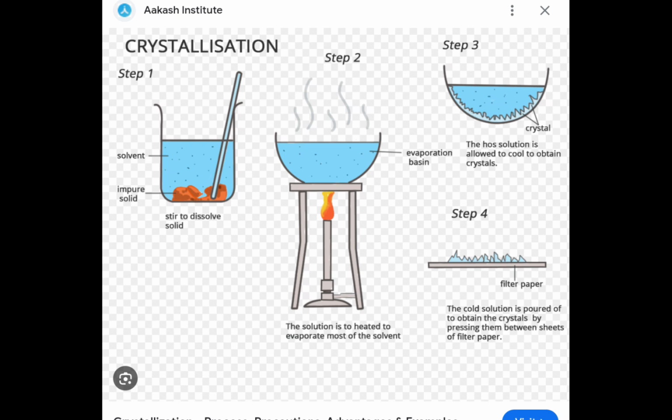Now we heat. Why we heat? To evaporate the solvent. Step 3. After heating up, the solution is allowed to cool to obtain crystals. Third step is to cool down the solution. In the fourth step, crystals are formed. So this is called crystallization.